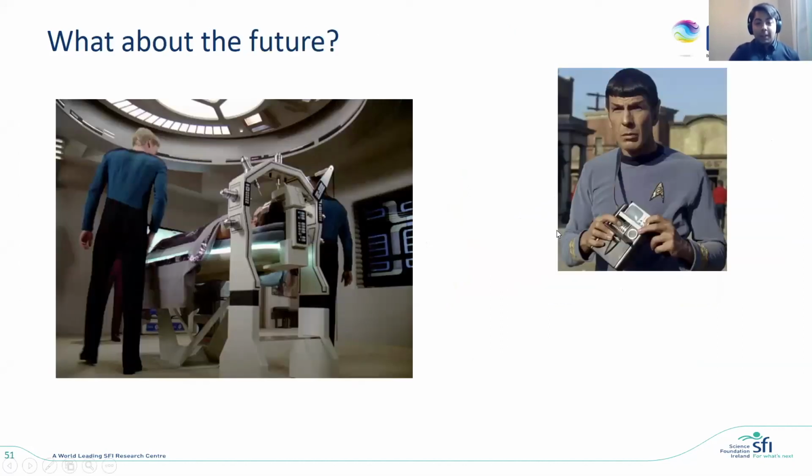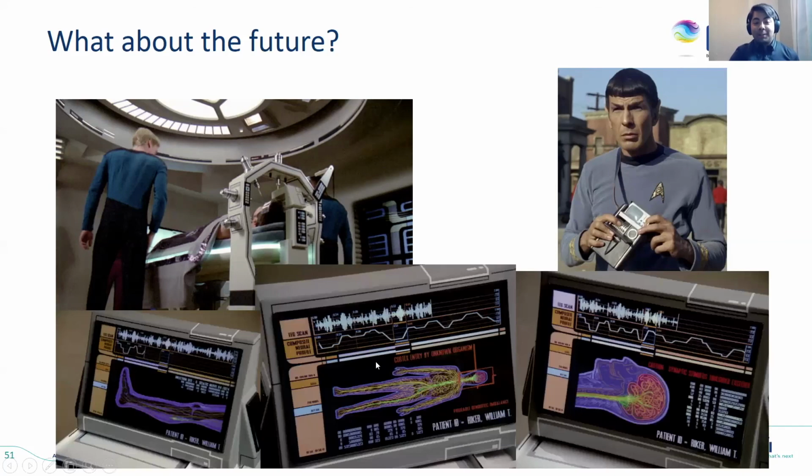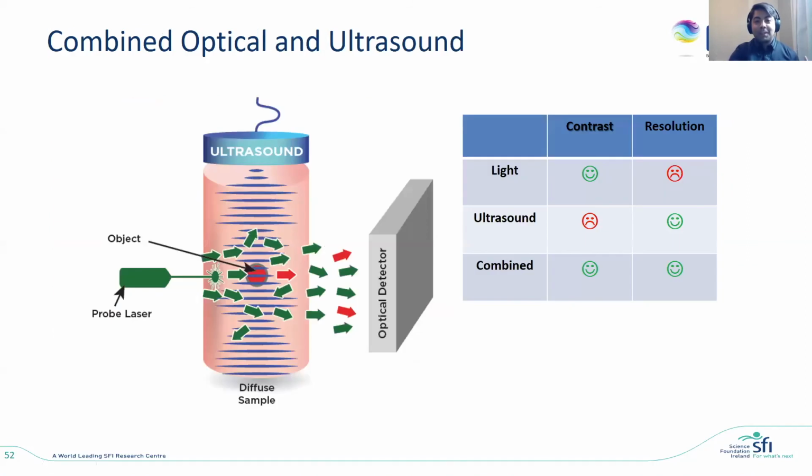If you have watched Star Trek before, one of the aims of biophotonics would obviously be having the tricorder, where if you scan your body, you would know all the diseases you have in one go. So we are moving towards that future.